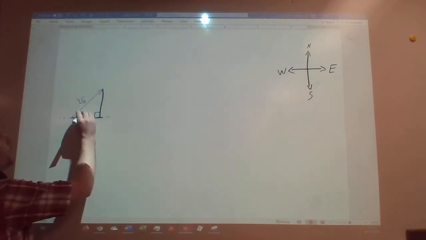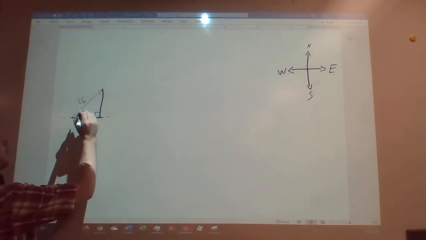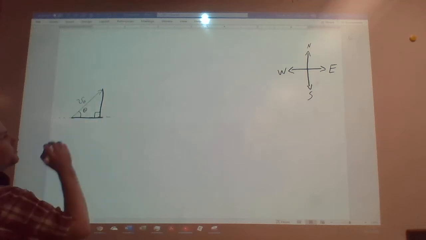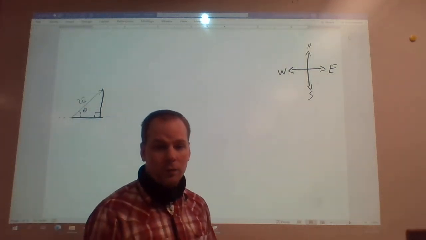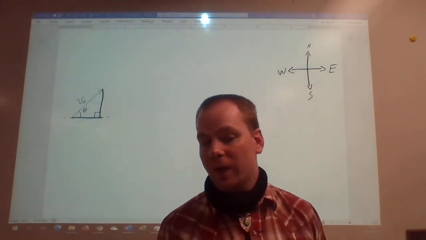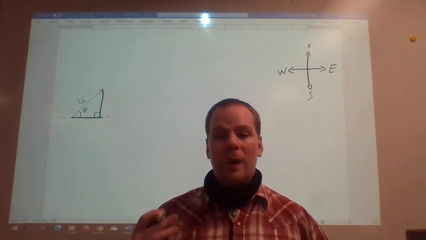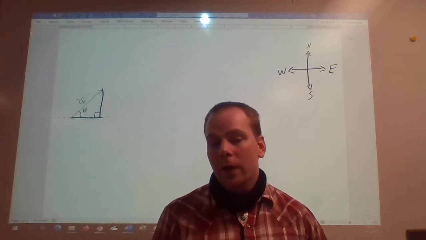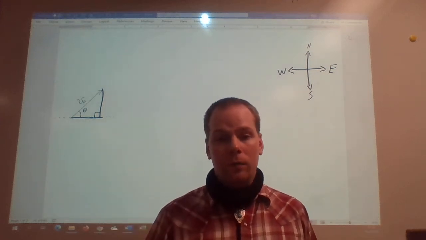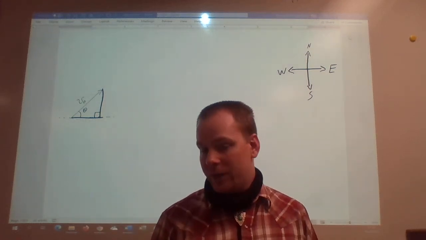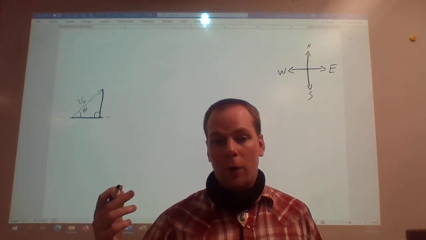Okay, so if we know this angle here is, and that's going to be theta. Theta is a known angle most of the time. Sometimes it's what you're looking for, but it's the variable we use to represent angle. So at some known angle, at some known initial velocity, our arrow is fired.